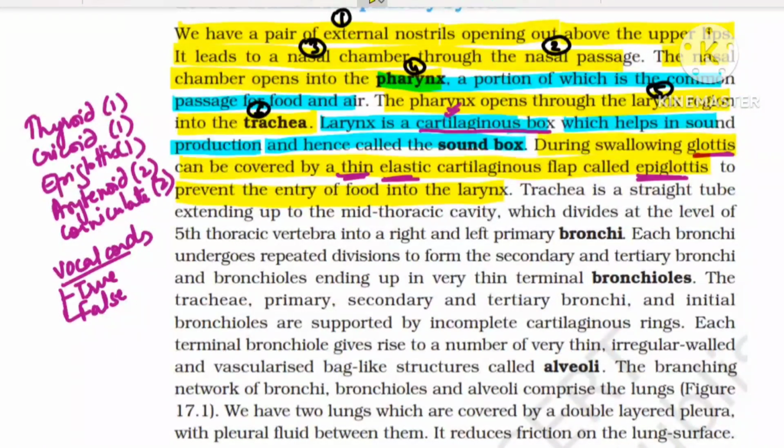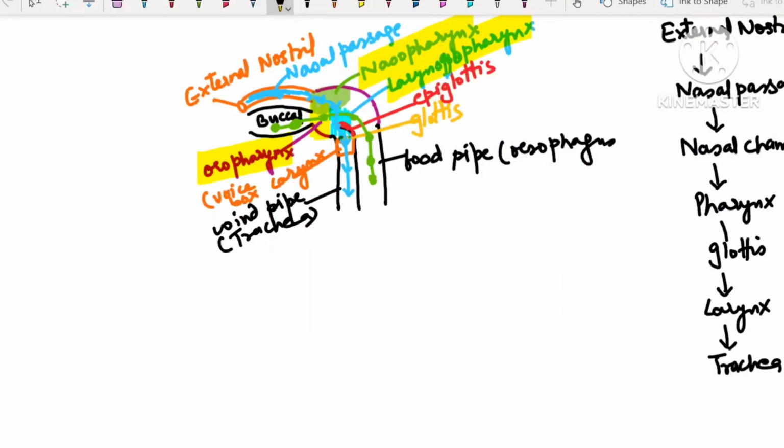Now trachea will lead up to the mid-thoracic level and it will divide into primary right and left bronchi at the fifth thoracic level. Now let me explain you from the diagram. See in this diagram, try to understand, this is the body cavity, okay?